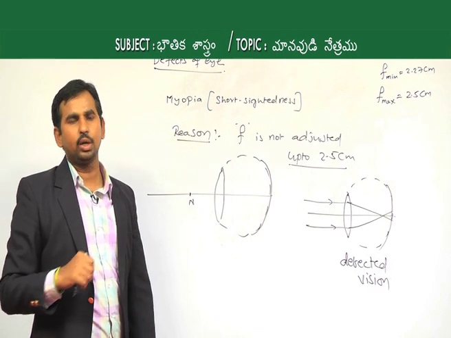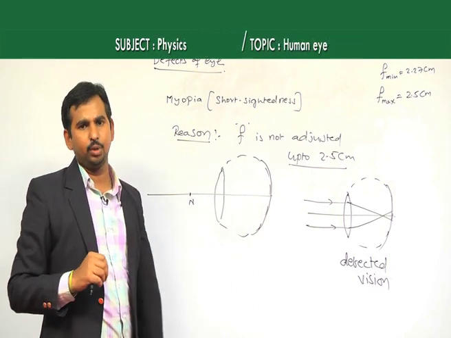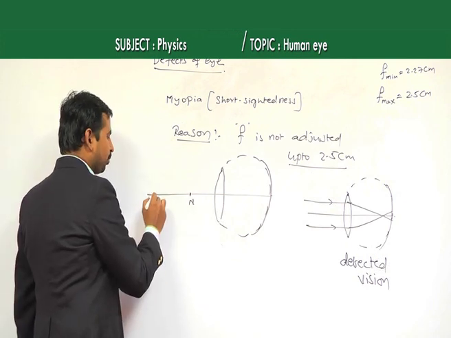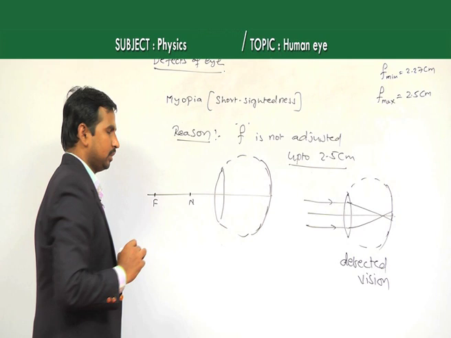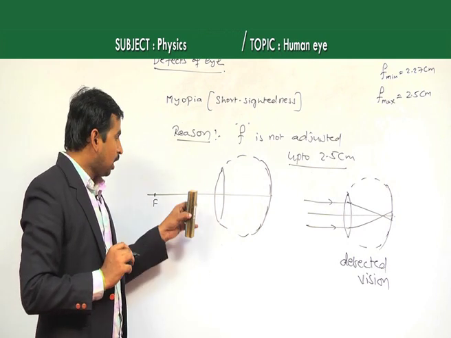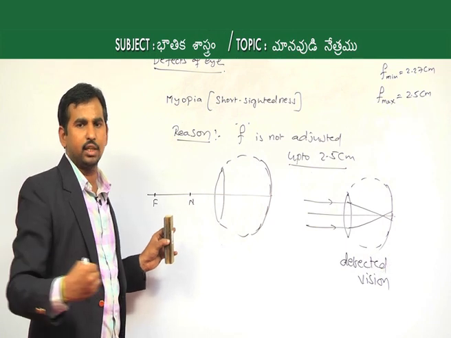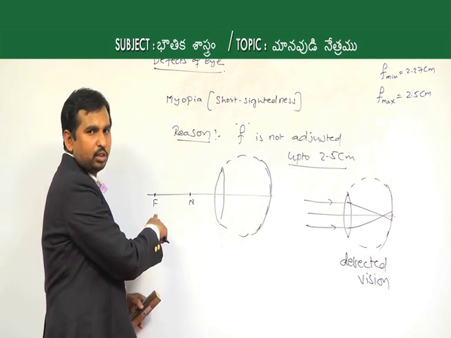The far point is not infinite for these myopia defected people. Actually, we should have a fixed distance for that. Let us suppose that point is here, f, like this. So up to f they do not have any problem, which means the maximum distance they can see without any defect is up to f.